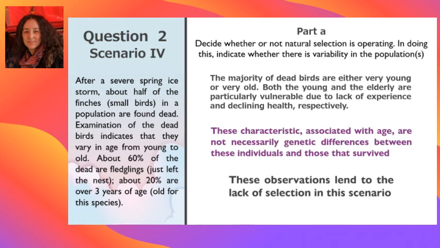So these observations lend to the lack of selection in this scenario, as we saw before when we considered if seed size was a result of sun exposure. That was not based in genetics, and in that case also we kind of concluded that selection was not occurring.